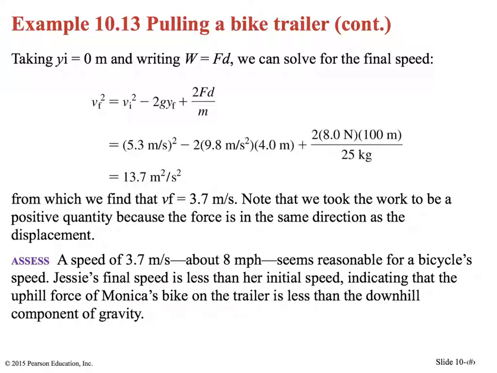Our velocity final squared is 13.7 meters squared per second squared. Once we take the square root of that, we get 3.7 meters per second. So initially she was moving 5.3 meters per second. She slowed to 3.7.